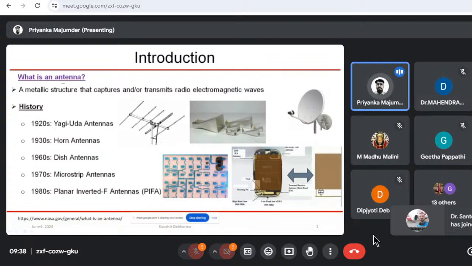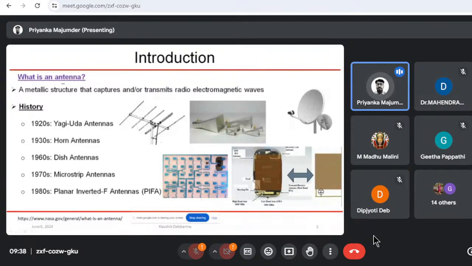Then in the 1980s, another antenna came into the picture: the planar inverted F antenna. Now, why are these important? In modern communication, where we use mobile phones or other communicating devices, the phones were pretty big in the 1980s and 1990s when they were first introduced, and they were not very compact or easy to handle.